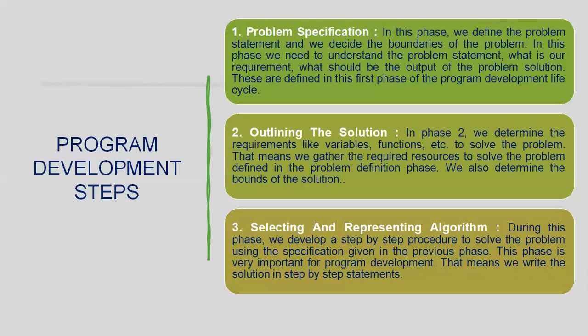So when a solution method has been outlined, it must be translated into an algorithm. An algorithm is a way of representing the solution used to solve the particular problem. These algorithms can be written in an ordinary language or in any other standard notation.